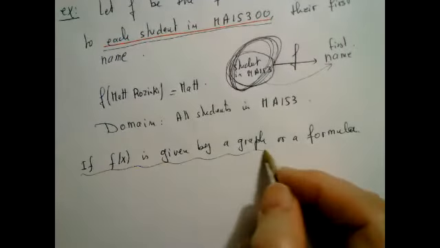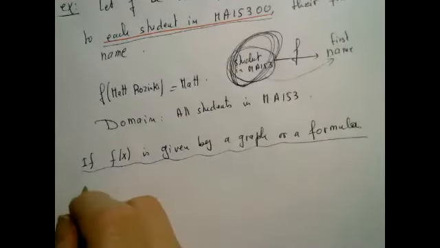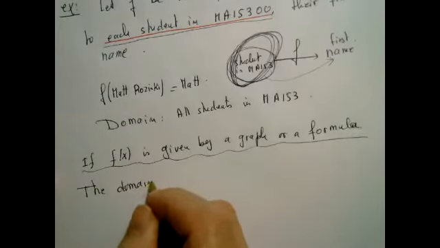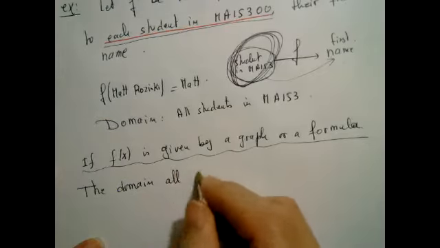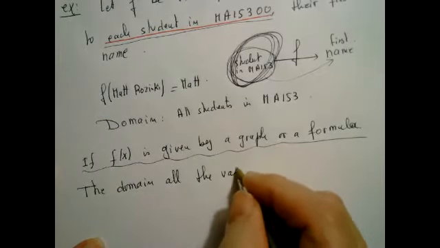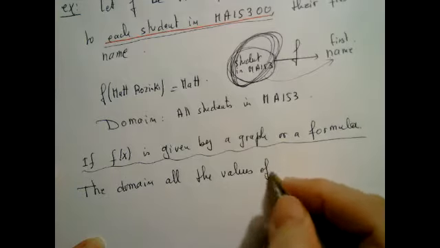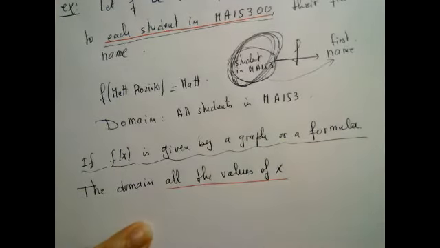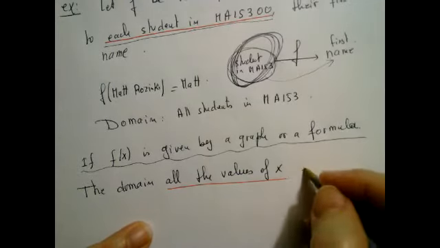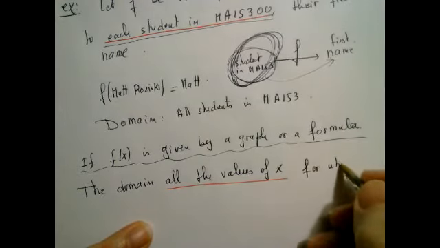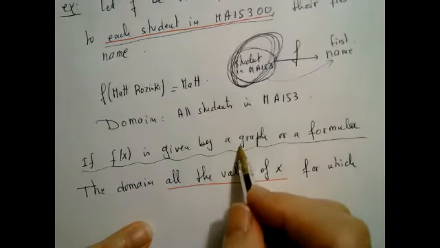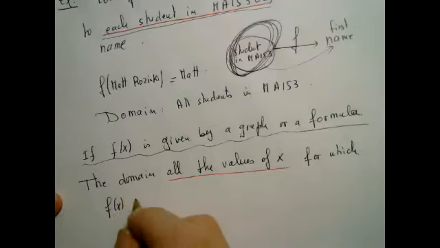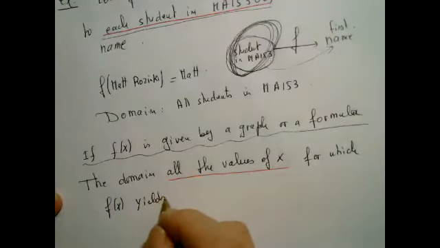We have to give it a definition: the domain will be all the values of x, all the input values, for which my graph or my formula yields a number or a value for f of x.